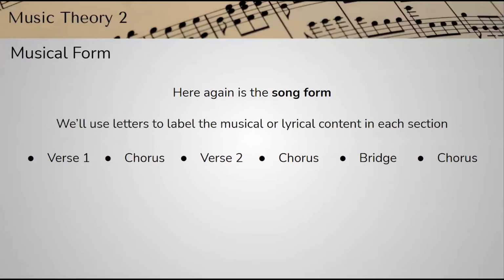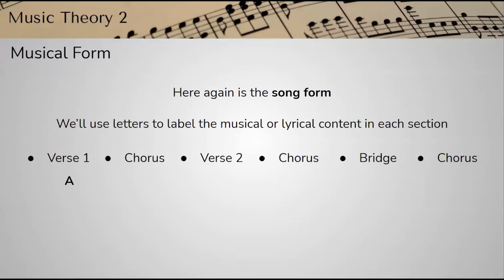So if we use the letters, and we'll be using the music of these sections, but also the lyrics of these sections, we can use those same symbols to analyze this. So since verse 1 is the first thing to happen, I would give that letter A, right? So nothing else has happened to make any kind of contrast or variation yet. So the first thing we hear is always going to be letter A.